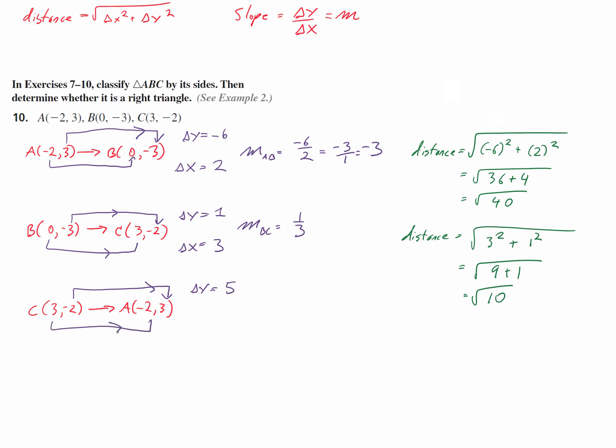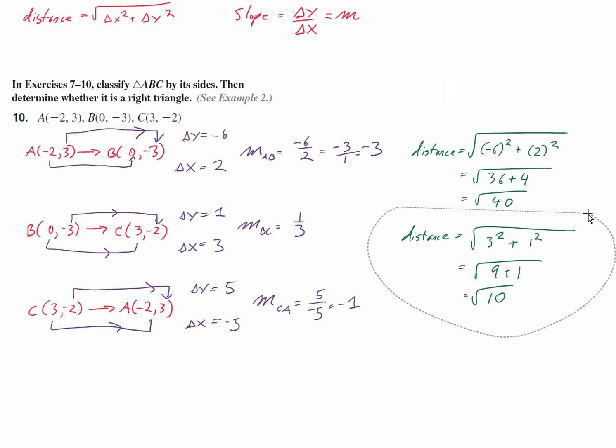And now my change in x here is, well, I have to go from 3 to negative 2. Well, here I have to subtract 5. Okay, so my slope of CA here, going from C to A, is 5 over negative 5, which is equal to negative 1.